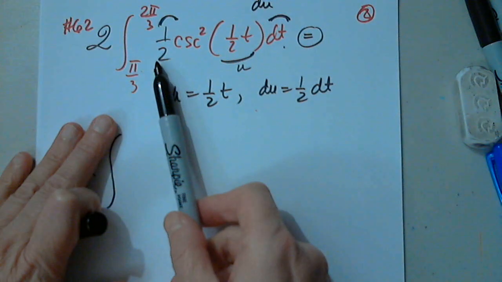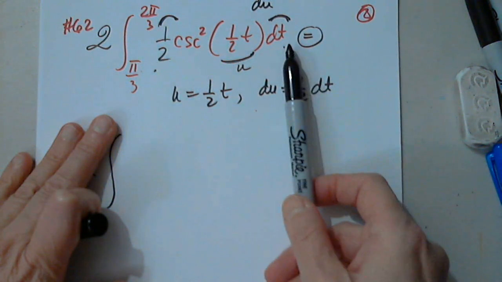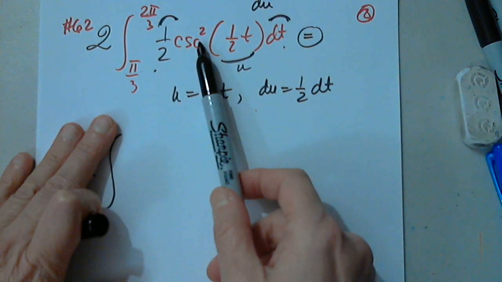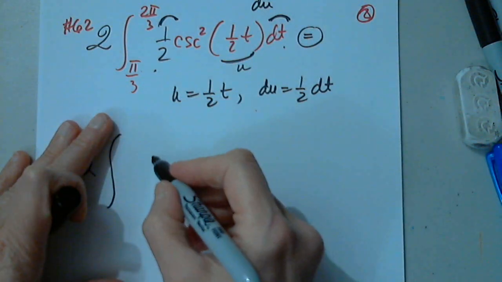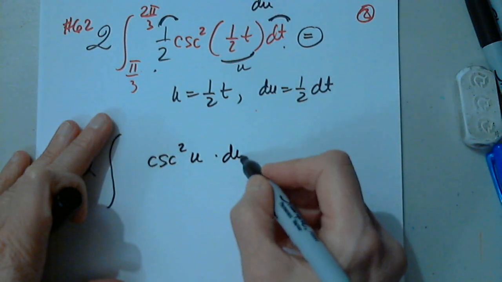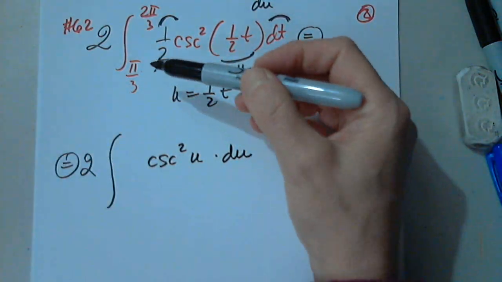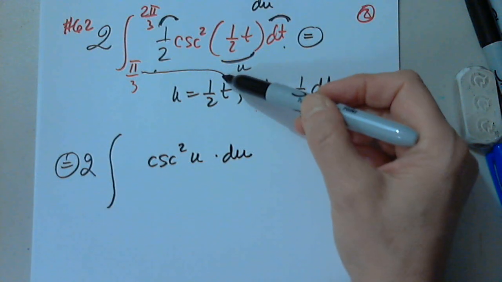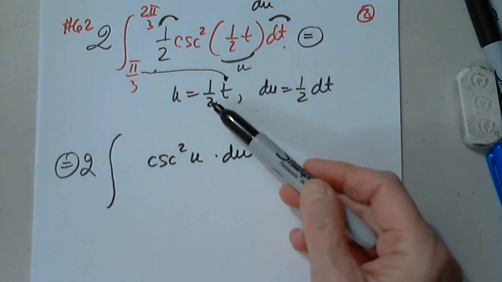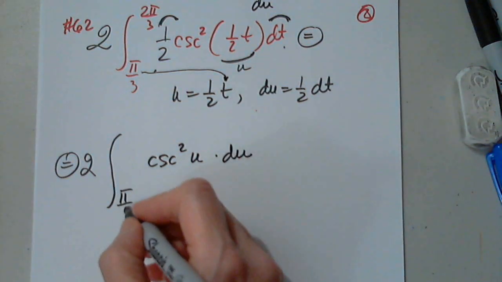This is cosecant squared u times du. Now, the lower limit of t is pi over 3, pi over 3 times 1/2, I start at pi over 6.